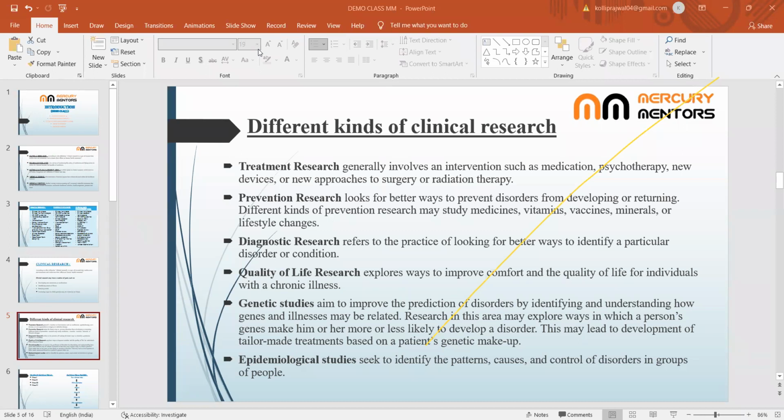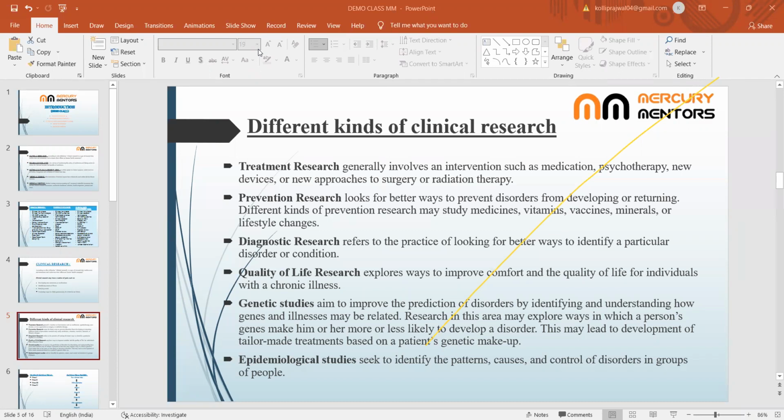Next is quality of life research. In this, they explore ways to improve the comfort and the quality of life for individuals who are suffering with chronic illness. For example, patients who are suffering with cancer.